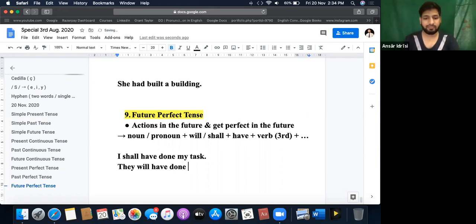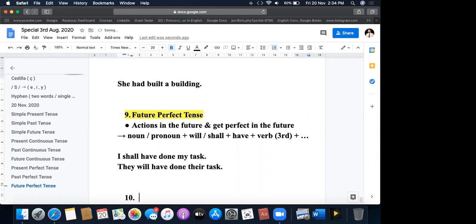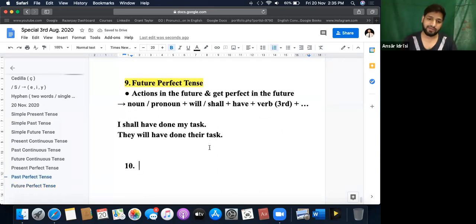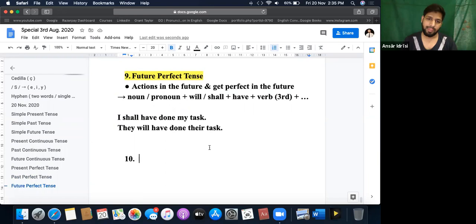They will have done their task. Is that clear? Yes. मतलब ये वो लोग ने उनका काम कर चुके होंगे उतने उतने टाइम तक ऐसा. Correct. Very good. Next is what we have done. Future perfect continuous tense. Correct. Now when do we use it?